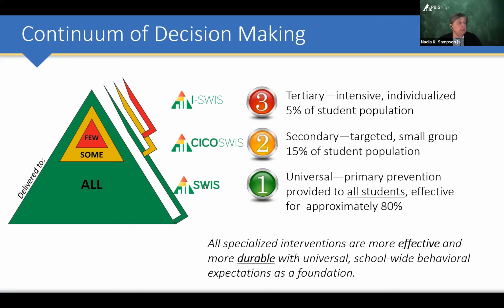And SWIS is really looking at your primary prevention or your universal level of PBIS because it's available to all students in the sense that any student in your school could get an office discipline referral. And we use that data to make decisions about which students might need more support, which parts of our school, maybe we've got hallways where there's a lot of problem behavior.